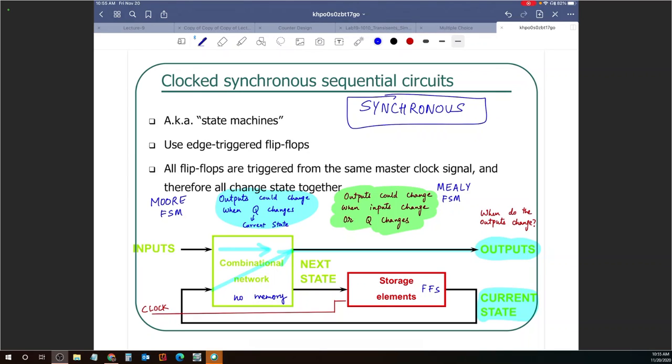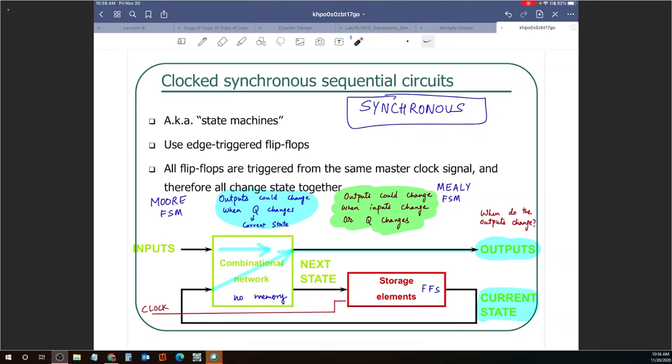So what do you think for the Moore finite state machine? Are the outputs in sync with the clock? For the Moore finite state machine, outputs can change only when Q changes.